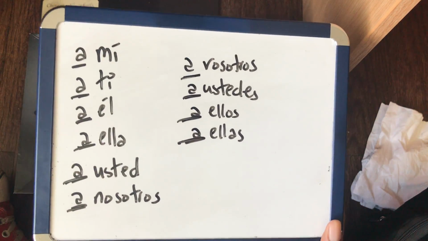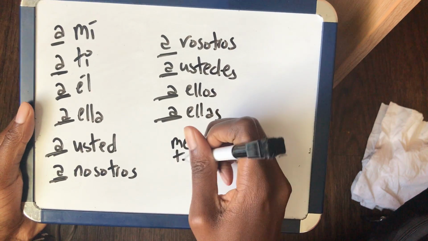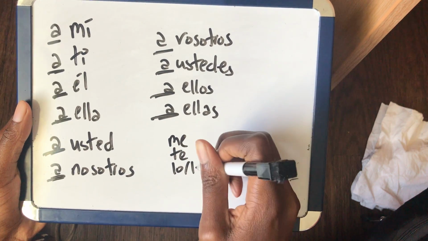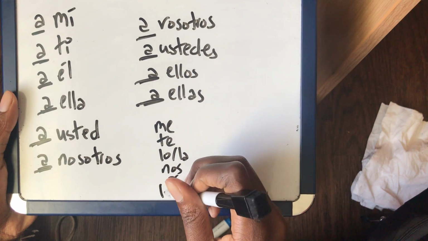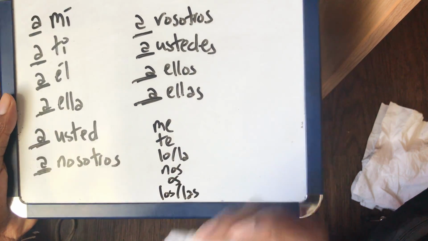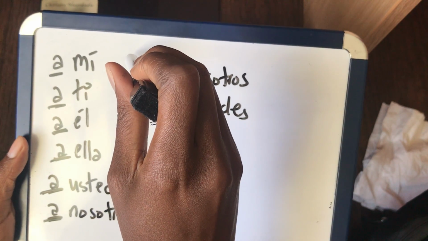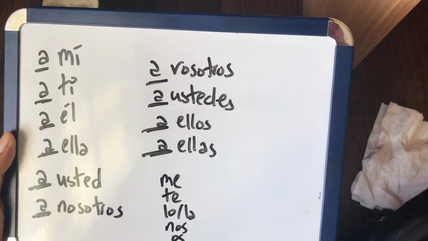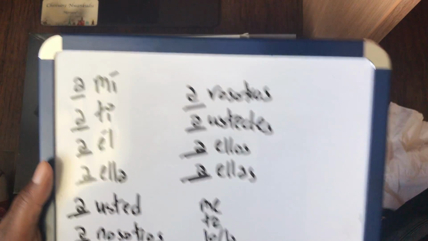When you are not using a pronoun, so when you're not using me, te, lo, la, nos, os, los, las, and this is only for direct. This personal a, wow, this is getting complex real quick.